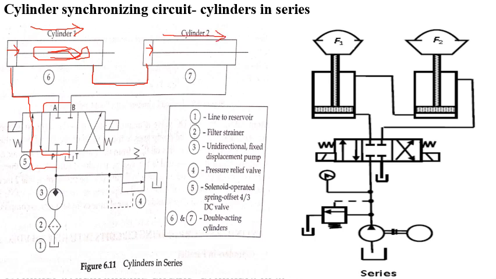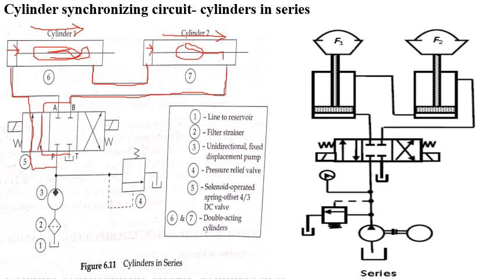The oil or fluid moves out from cylinder 2 towards the reservoir like this. This is happening when the valve is actuated to the left envelope, or left mode operation.